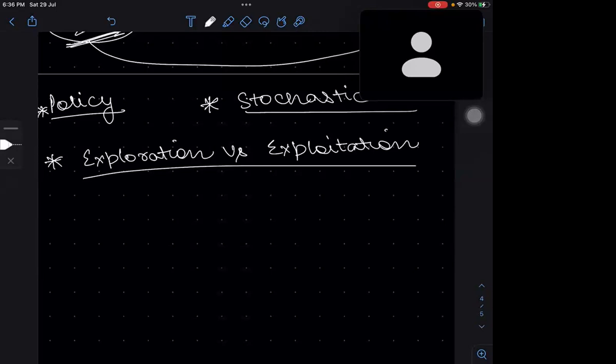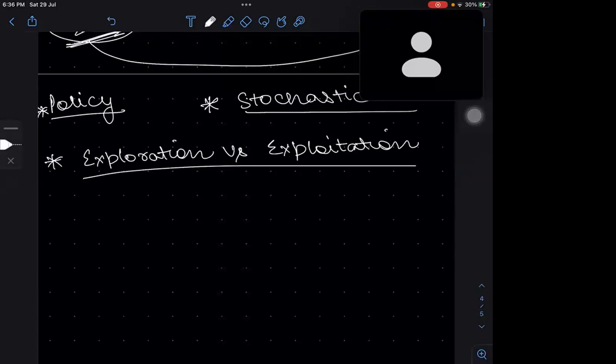So exploration versus exploitation. Exploitation is when we approach greedily towards one thing only, as he told. If a bird wants to find food, it goes to one place only, because it knows that it will get food from there. But the bird is not exploring other places from which it can get more food.